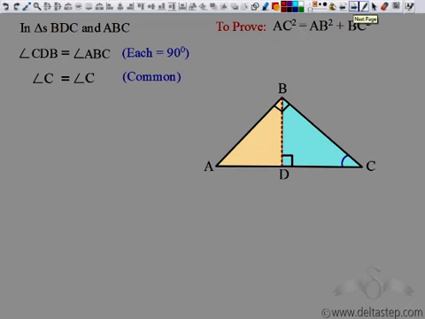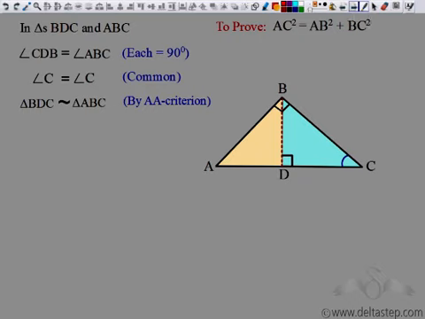Now, once two angles of one triangle are equal to two angles of the other triangle, I can say that these two triangles are similar by angle criterion. Once I have two triangles to be similar, I can say that the corresponding sides are proportional and the corresponding angles are also equal.